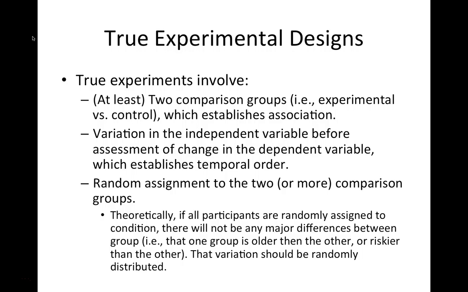And then random assignment to two or more comparison groups. And so, again, theoretically, if all participants are randomly assigned to a condition, there will not be any major differences between the groups. So one's older than the other, riskier than the other, different on your outcome measure in some ways. Again, that variation should be randomly distributed if we use random assignment.